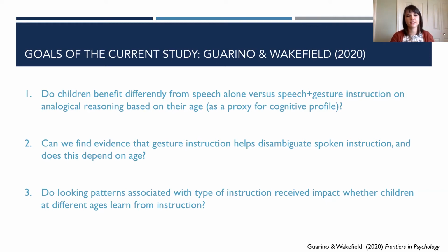And so the results of this study add to our general understanding of the mechanisms by which children learn, especially analogical reasoning, and explore the utility of this type of instruction, gesture, in a domain that's important for academic success and has been understudied in the gesture for learning literature, that being analogical reasoning.